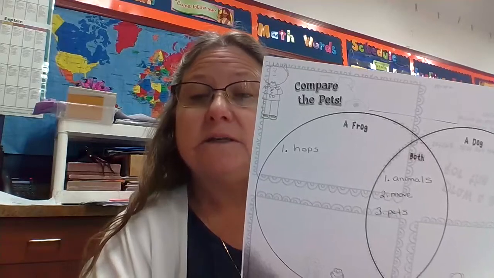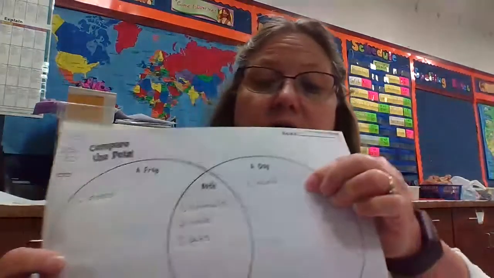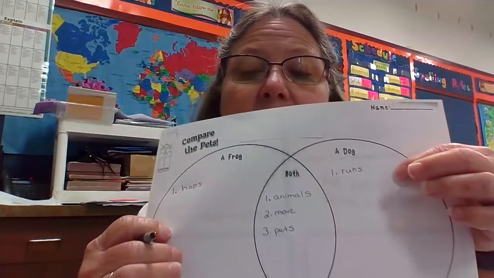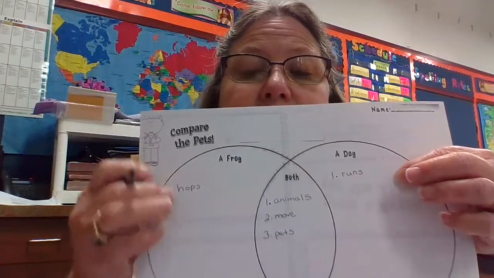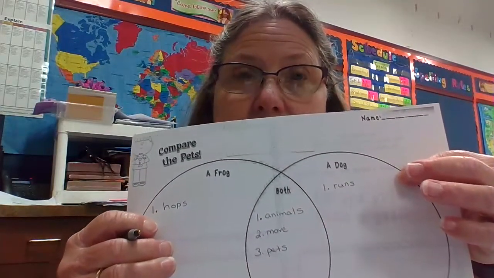Well, if a frog hops, what does a dog do? A dog can run. So let's put a number 1, and let's put runs by the dog. A frog hops, a dog runs. That's how they're different.